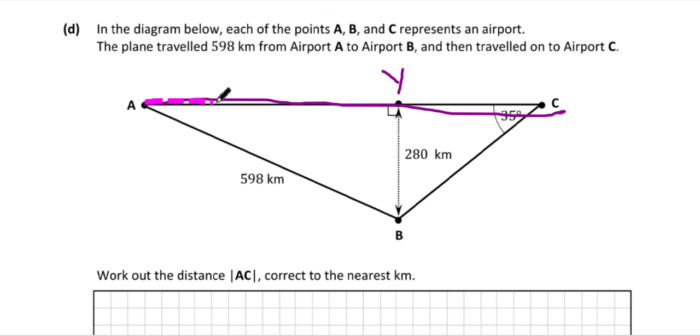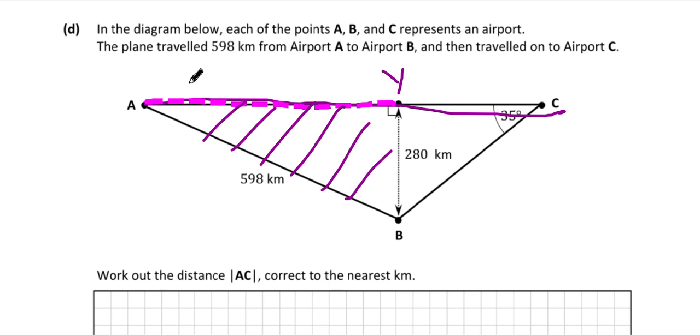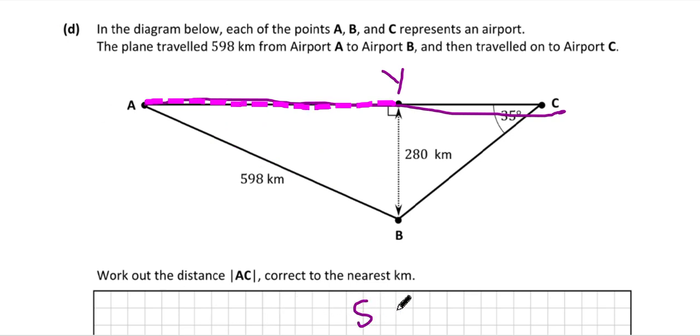Now, here's what we're going to do. We're all going to calculate the pink dotted line first. Everybody agreed? The pink dotted line belongs to the right angle triangle on the left. We're going to use Pythagoras' theorem to do this. What's the longest side in this triangle here? The 598. The longest side squared equals what?